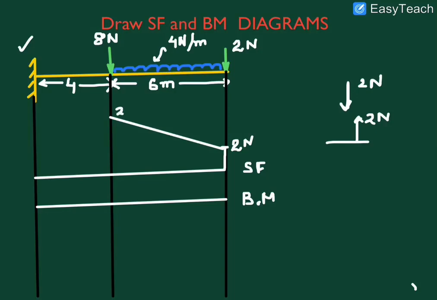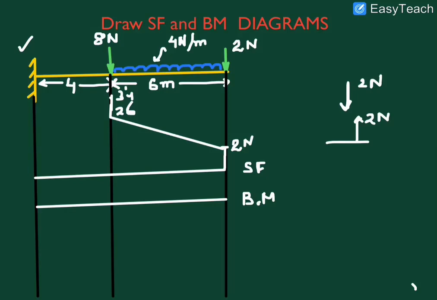Okay. Now at the same point 8 Newton force is acting in the downward direction. This force is 8 Newton in the downward direction, hence we move up by 8 Newton in the upward direction, that is 26 plus 8, that is 34. Then we move in the upward direction, and this is 34.